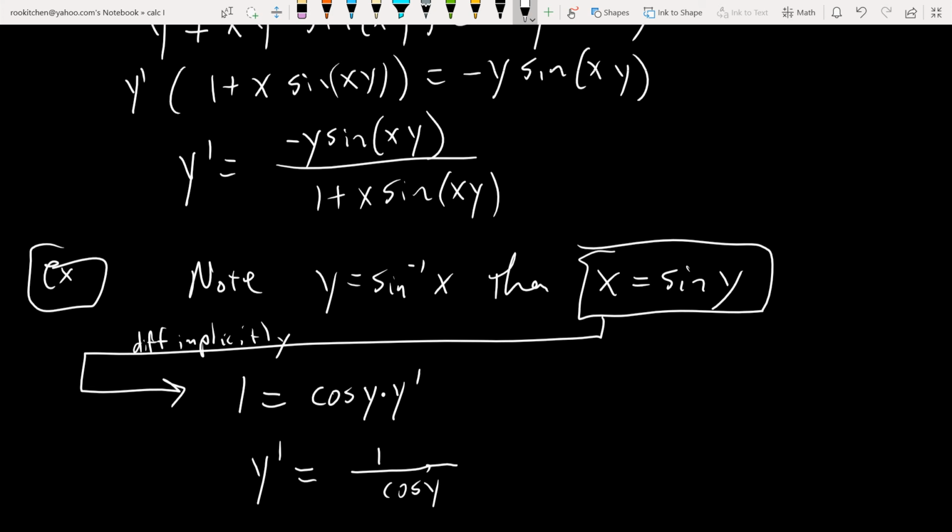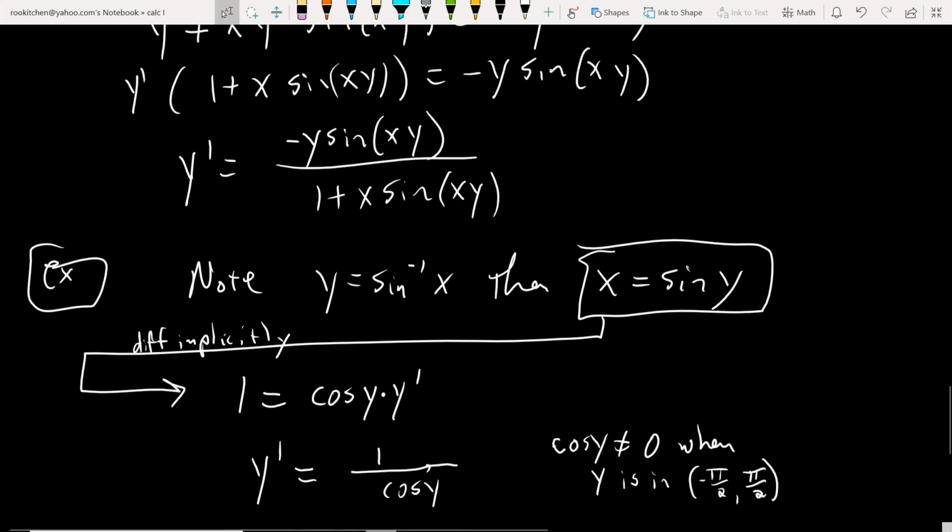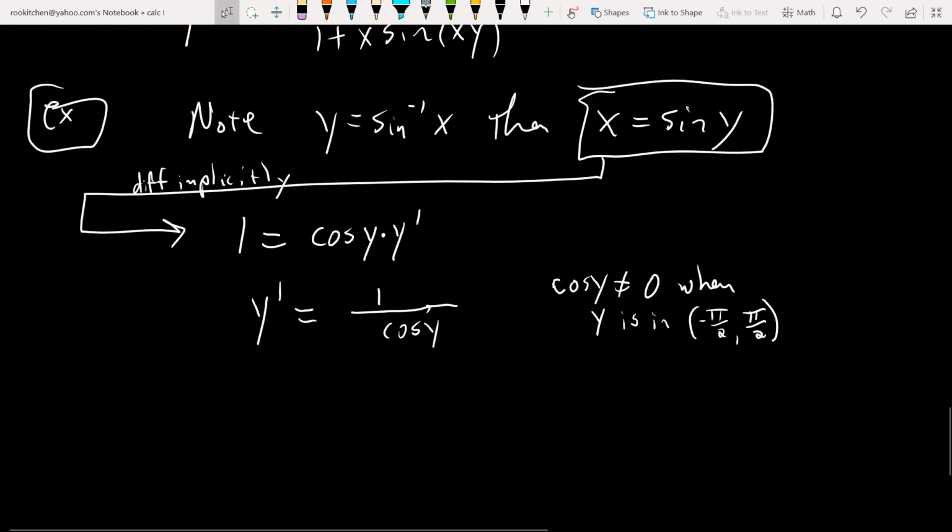So in particular, I have to make sure that cosine of y is not equal to 0, and cosine of y will not be 0 when y is in the interval from negative pi over 2 to pi over 2, not including those endpoints.